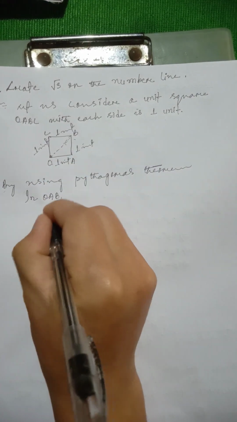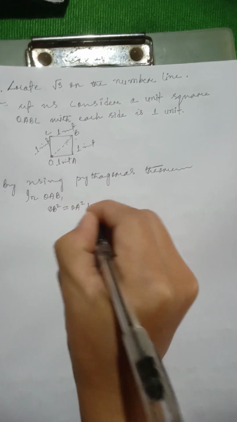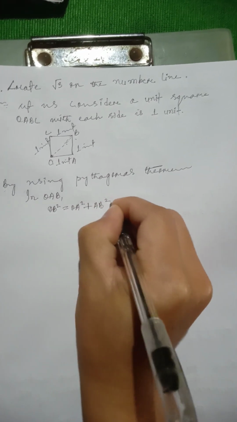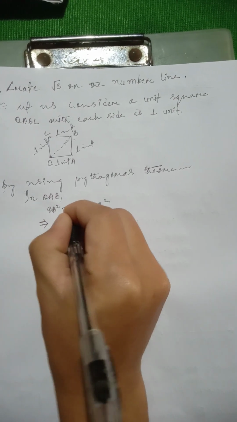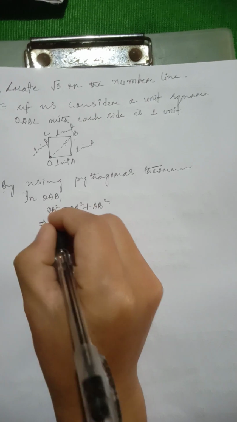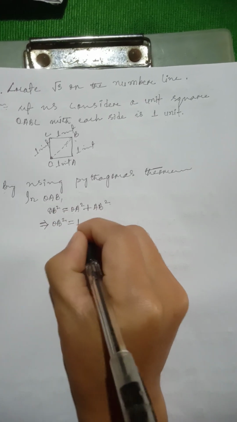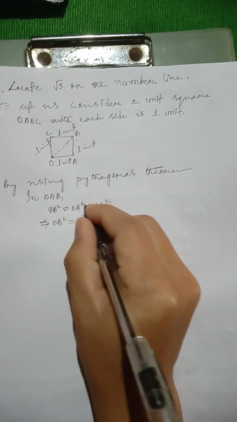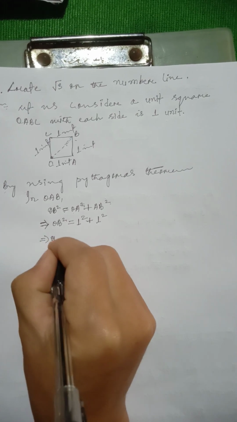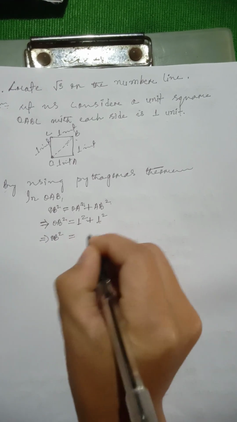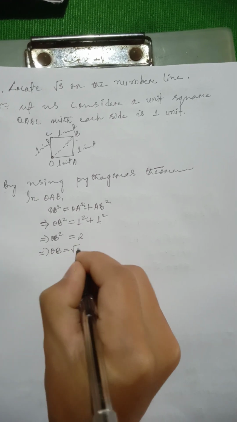Here OB square equals OA square plus AB square. This is the Pythagoras theorem that we learned in lower classes, like class 8. So what is the value of OA? That is 1 square. Here OB square will give you 2, okay?